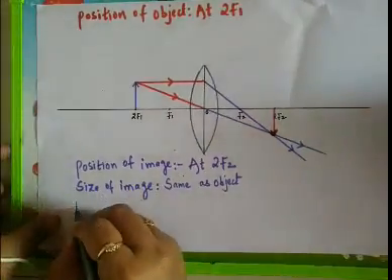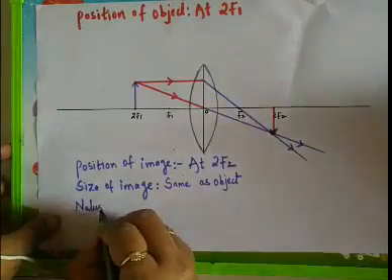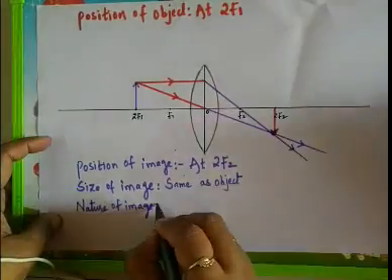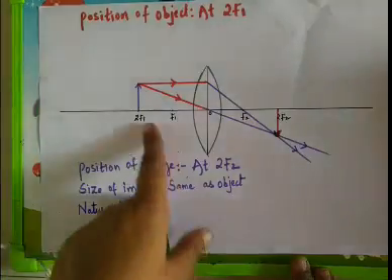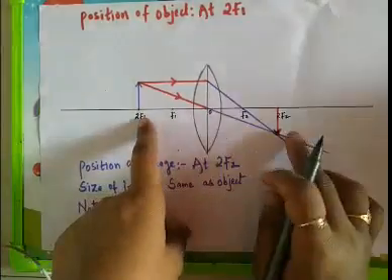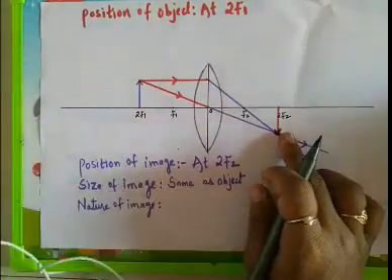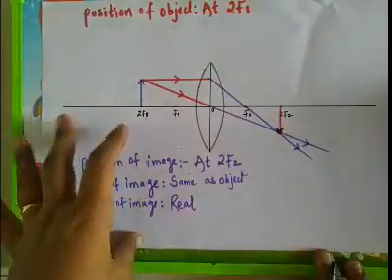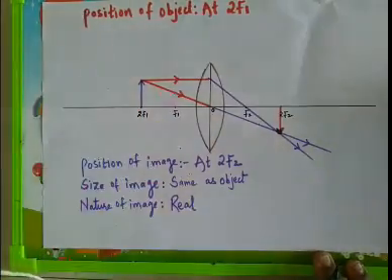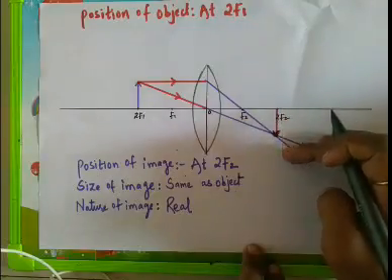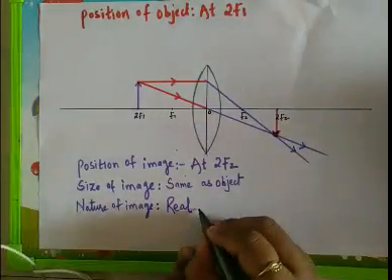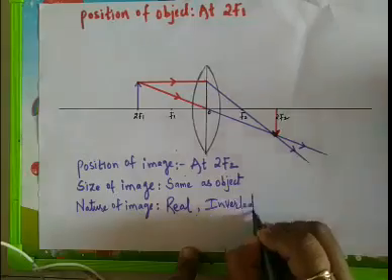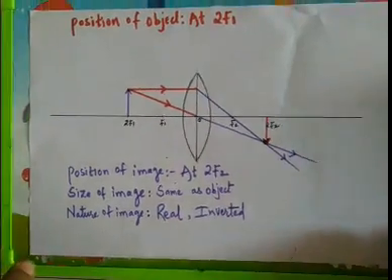Now we will describe nature of image. Object is kept on the left, image is forming on the right of the lens, so it would be real image. Object is kept above the principal axis and image is forming below the principal axis, so it would be inverted image. So this was the case 2.